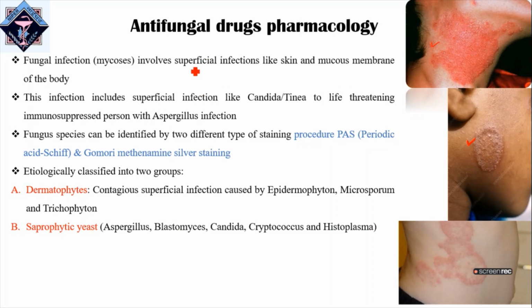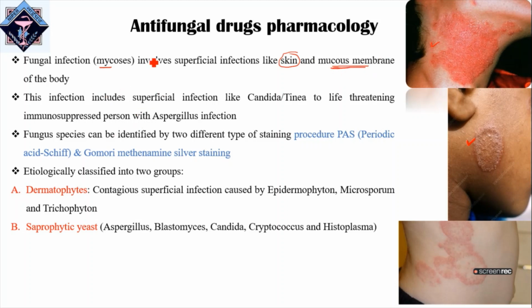So these are the different types of fungal infection which are basically caused by different fungi. So fungal infection, we call it mycosis, involves superficial infection that basically affects your skin and mucous membrane. आपका जो स्किन एंड जो म्यूकस मेम्ब्रेन है वो बेसिकली अफेक्ट होता है बाय द फंगल इन्फेक्शन.